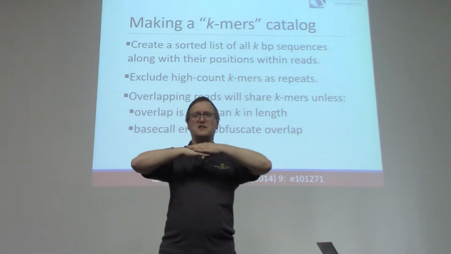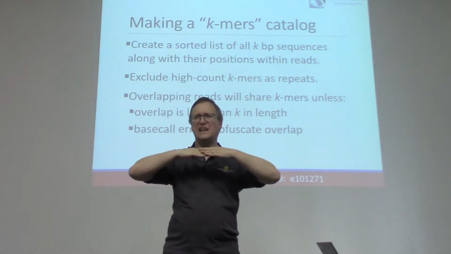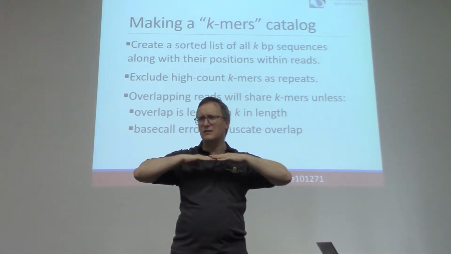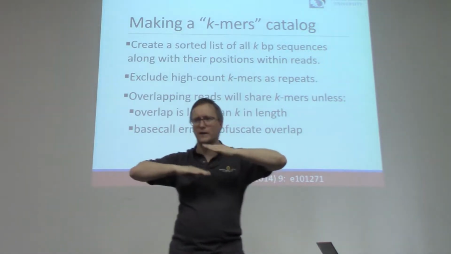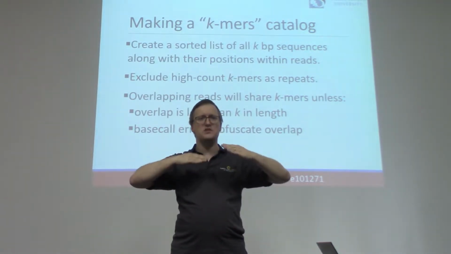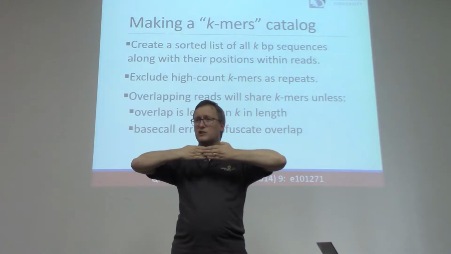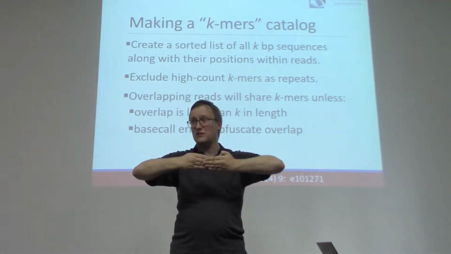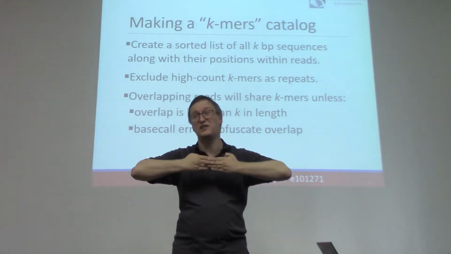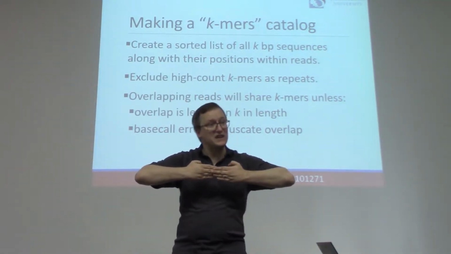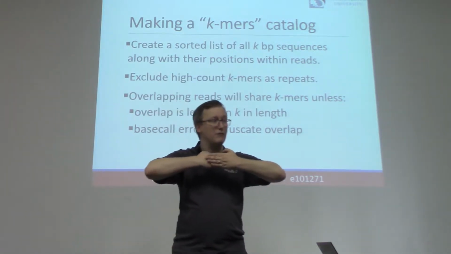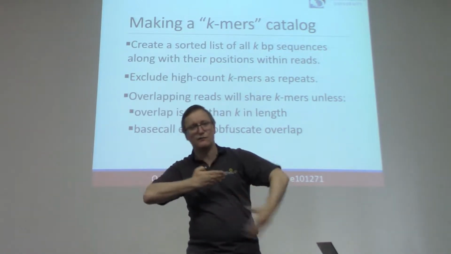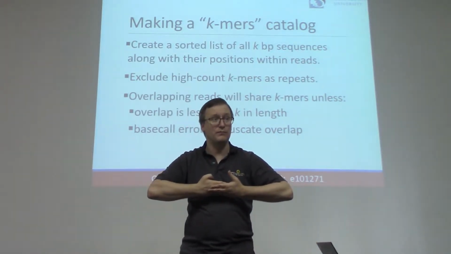So what is the danger in setting k really low? Like, set k to 10. Is there a danger to doing that? Yes, no? People aren't saying it yet. Okay, that's fine. If I have two reads and I'm saying I can overlap these so long as they share even 10 nucleotides, by random chance, I'm occasionally going to match up reads that have nothing to do with each other. Now, if I set it up to 25, the chance that randomly two reads would have these same 25 nucleotides at the end of one and the start of the other is much lower.